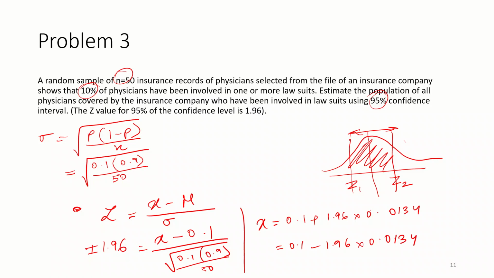It basically tells the range between which the proportion will lie. Okay, so we'll go ahead then. If any doubts, you can ask.